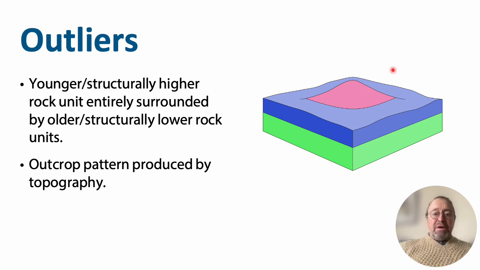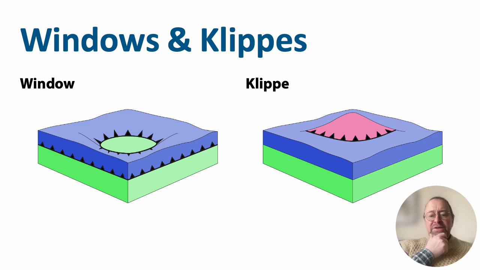Typically there is a wider band of the purple material, the younger stuff, further away. So there are just erosional reasons for this, but also sometimes these are related to the presence of flat-lying faults.